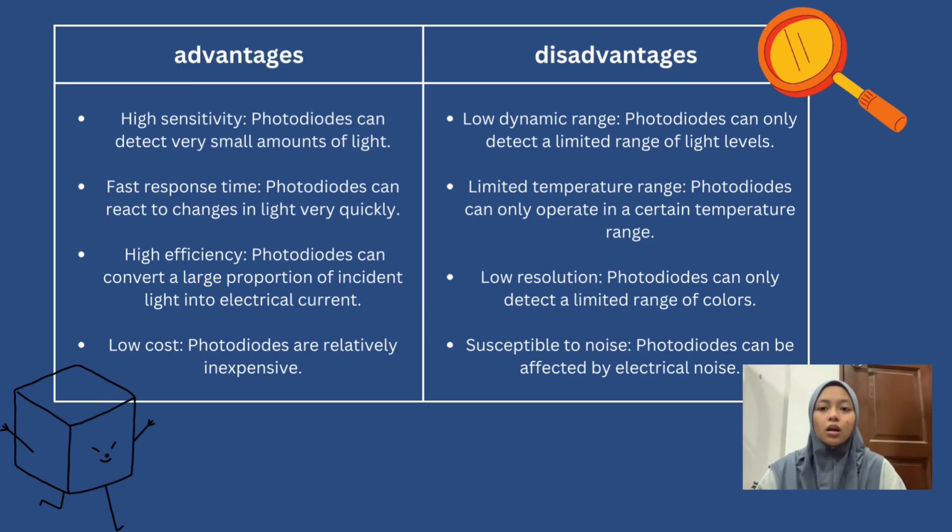After that, another disadvantage of photodiode is low resolution. Photodiode can only detect a limited range of colors. And finally, the disadvantage of photodiode is susceptible to noise. Photodiode can be affected by electrical noise.